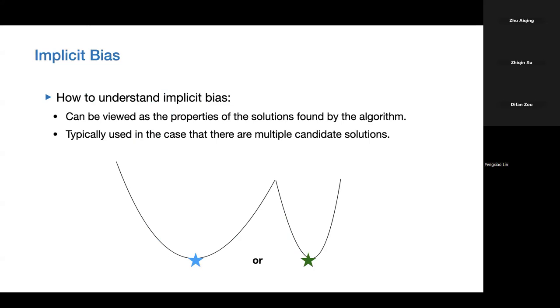If you run different training algorithms, you may find different solutions, and in most cases you will get different performance. So the goal is to understand which solution will be found by these different algorithms and why they can give you different generalization performance. All of this is covered by implicit bias results.